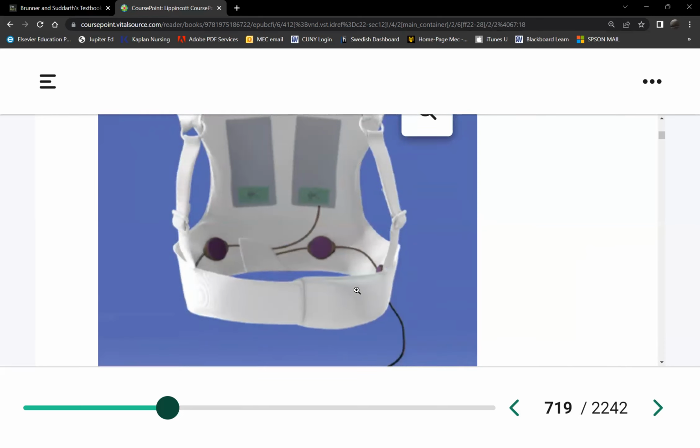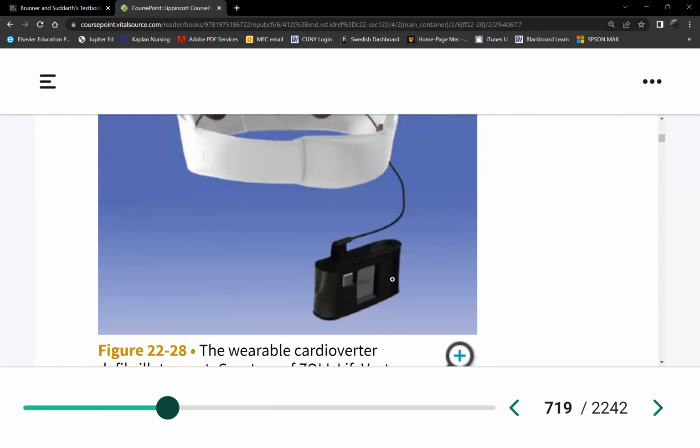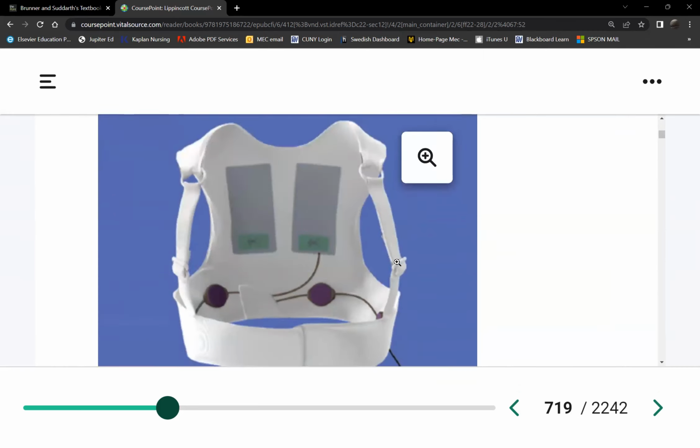Imagine wearing this over your skin, no clothing over it, and you're told to wear this 24/7. Well, you do have a break because you can launder it. You can put it in the laundry, but make sure you take out the battery pack. It's a hassle, right? So not too many people are compliant with this thing.